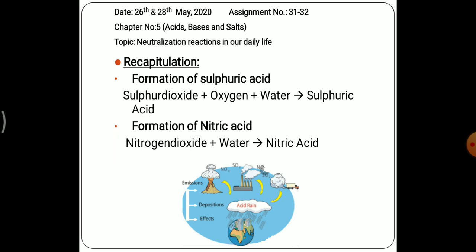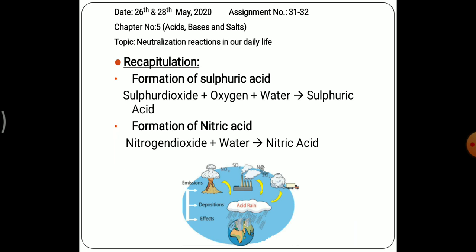So what do these gases do? They dissolve in raindrops to form nitric acid and sulfuric acid, and then it comes in the form of acid rain on earth. For your recapitulation, I have given you the slide also, in which you can see how sulfuric acid and nitric acid are formed. So I hope you are all clear about what we did yesterday in our class.